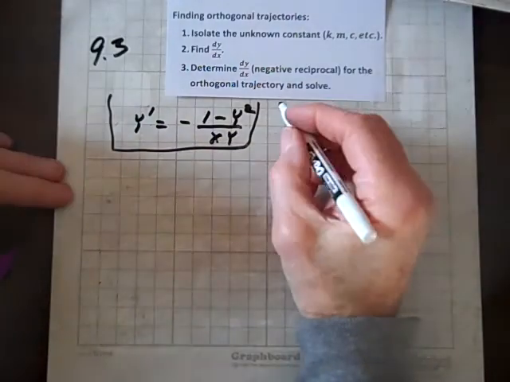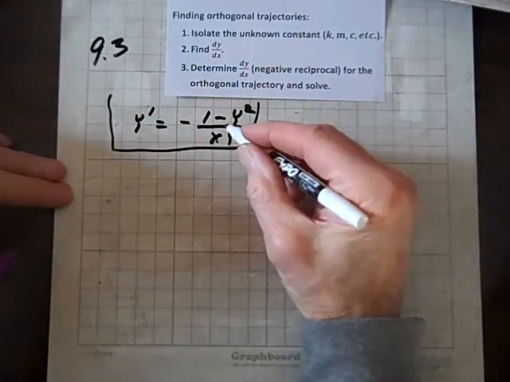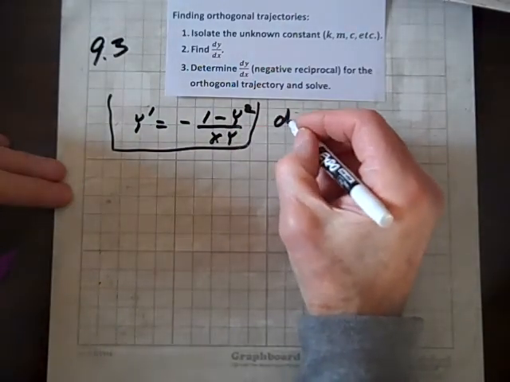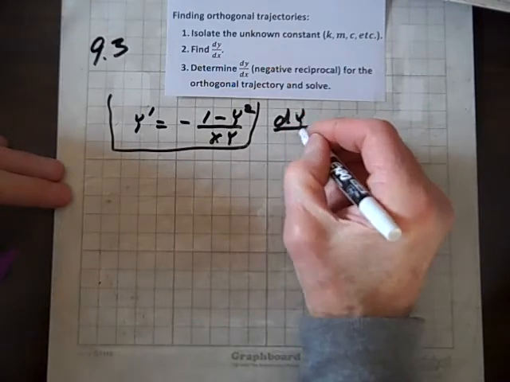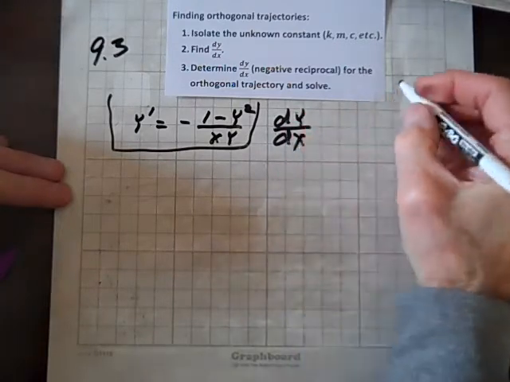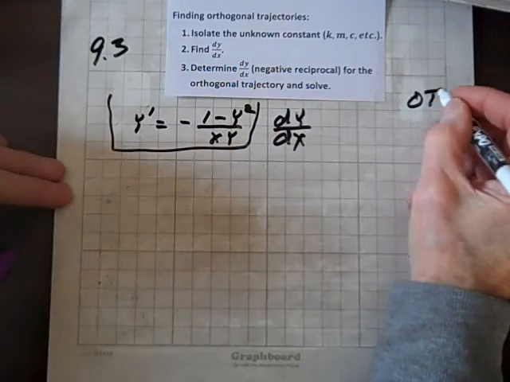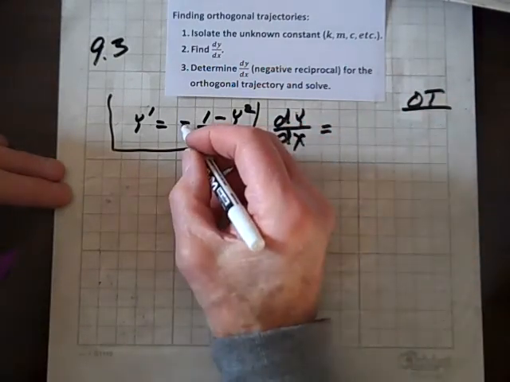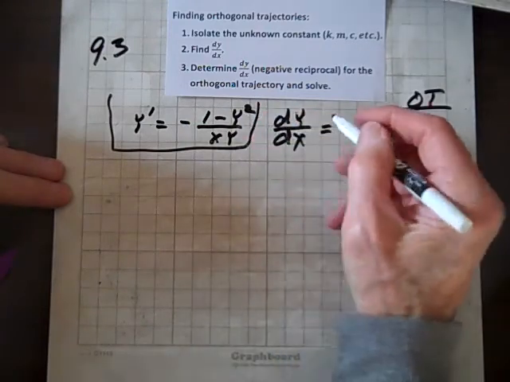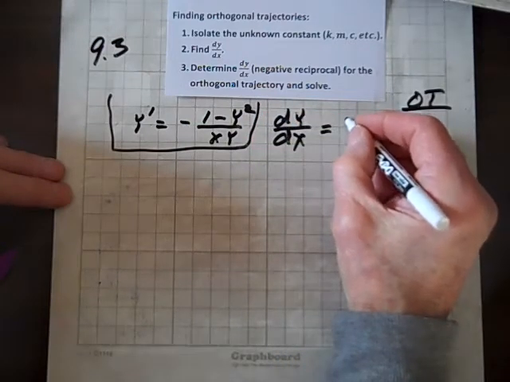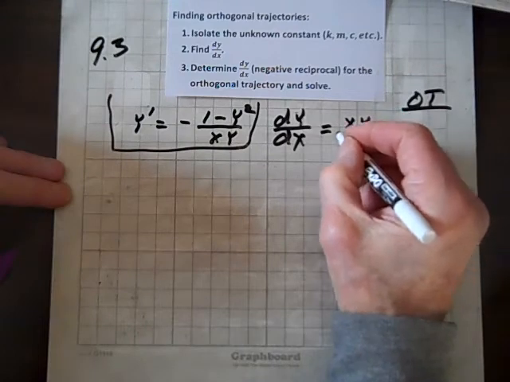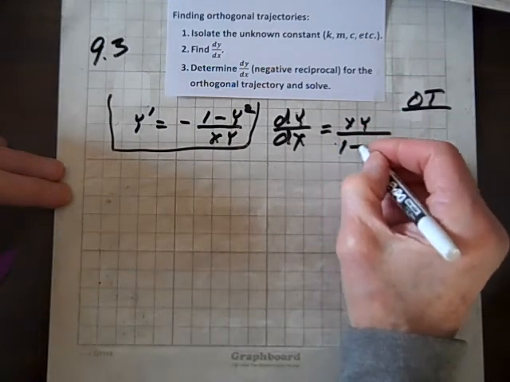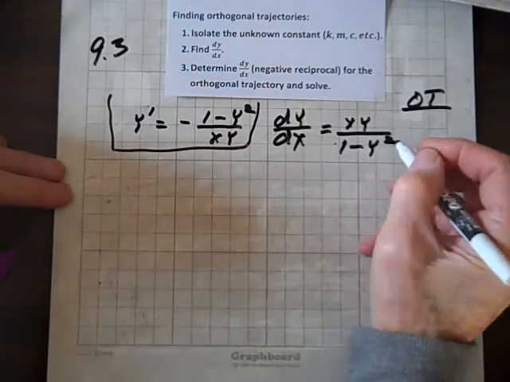Then for the orthogonal trajectory, we need the negative reciprocal of this. So we'll say dy/dx, and this is for the OT, for the orthogonal trajectory. That's going to equal negative times a negative is positive, and we exchange numerator and denominator, and we get xy over 1 minus y squared.